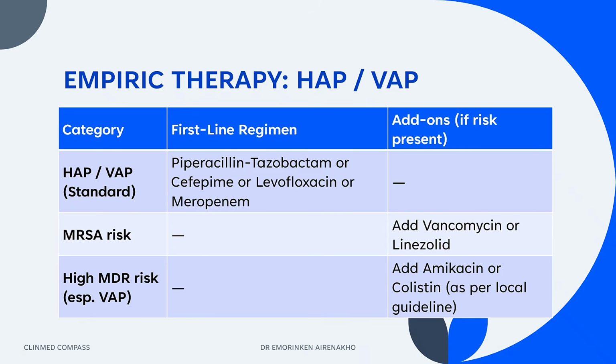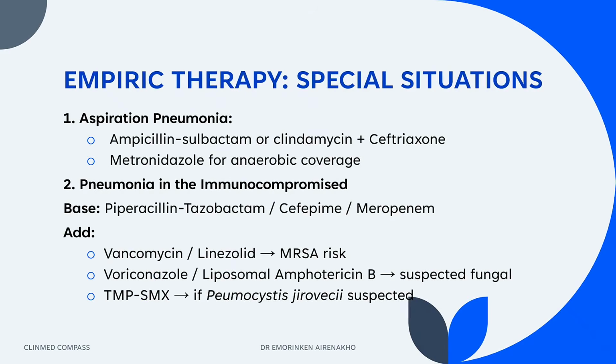If there is a high multi-drug resistant risk, e.g. in ventilator-associated pneumonia, you may need to add amikacin or colistin, but ensure you follow local guidelines. For aspiration pneumonia, ampicillin sulbactam or clindamycin plus ceftriaxone is a good coverage.